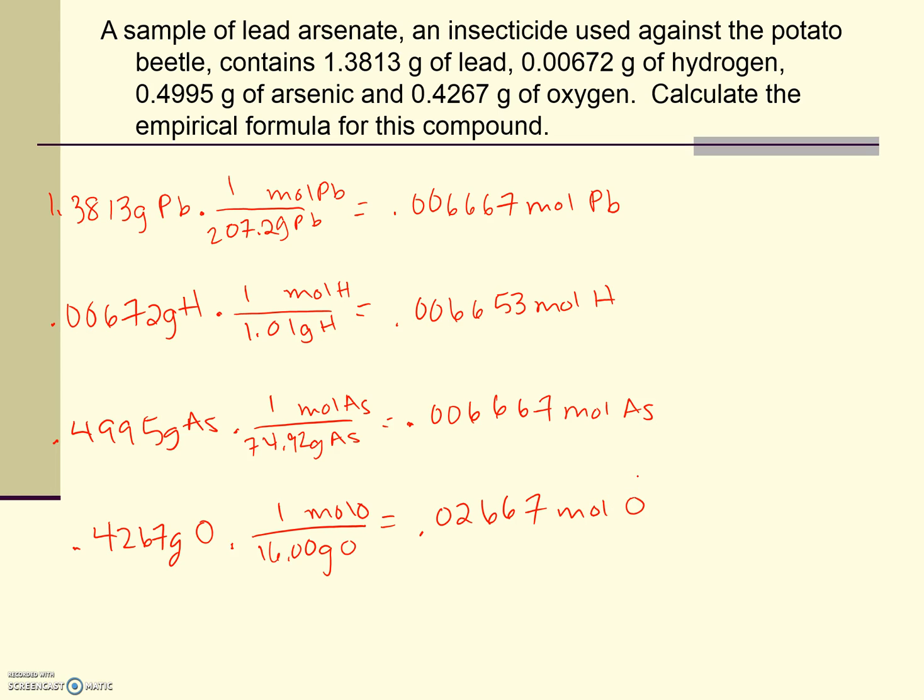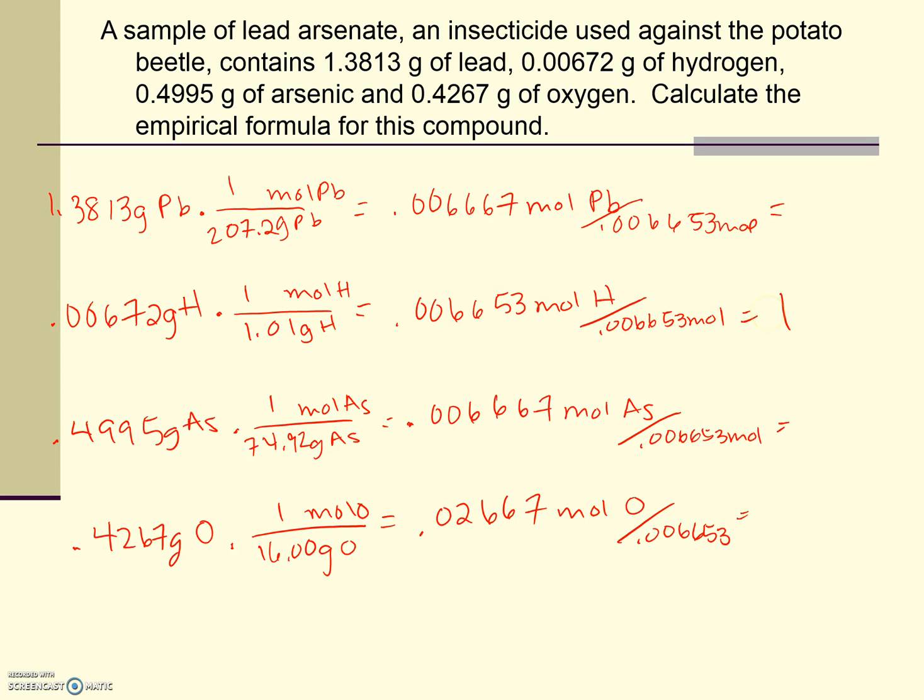Well, my smallest one is this 0.006653, so I divide each of them by 0.006653. This one's the obvious one.